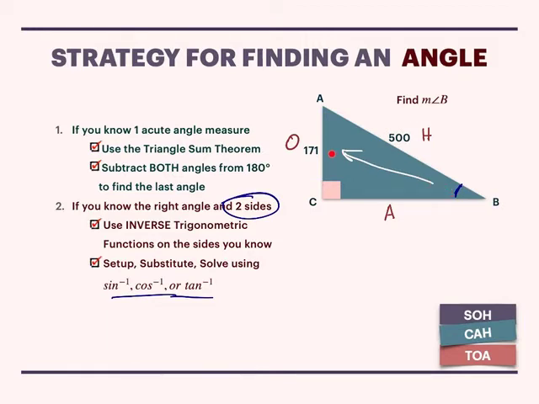I know the opposite. I know the hypotenuse. That's the sine function. So the sine of angle B equals opposite over hypotenuse, so sine of angle B equals 171 over 500. We'll inverse sine it to get B, the measure of the angle. So I'm going to get out my calculator and type in 171 divided by 500.